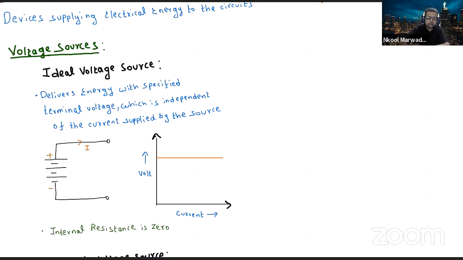Voltage sources supply the voltage, current sources will supply the current. And in current sources also we have an ideal current source and a practical current source. So first let us discuss the ideal current source.